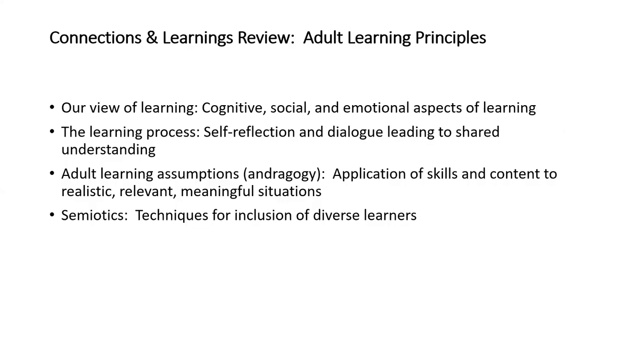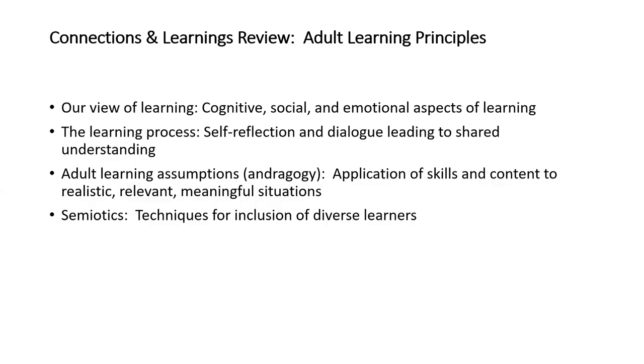Talking about the adult learning principles that Catherine introduced, these principles incorporate our view of learning, which includes three aspects: cognitive, social, and emotional, and all three aspects must be present for learning to occur. The learning process includes self-reflection and dialogue, which leads to shared understanding.